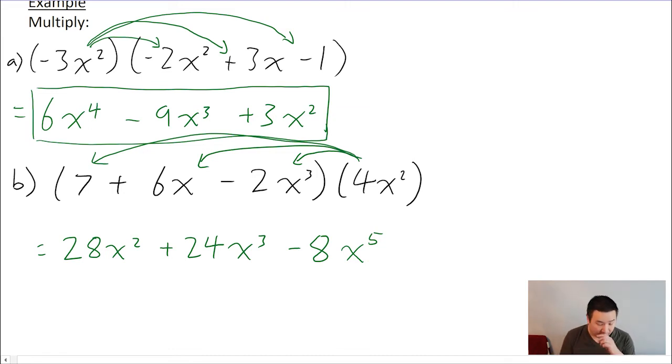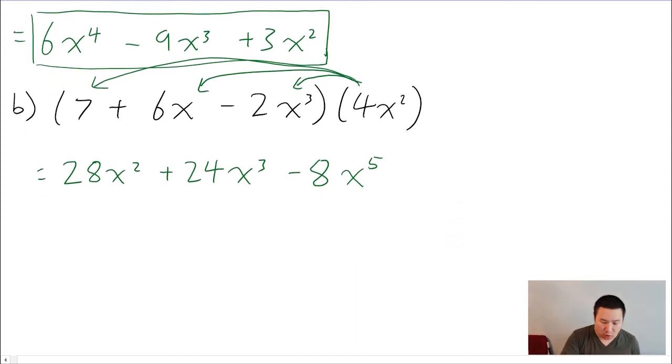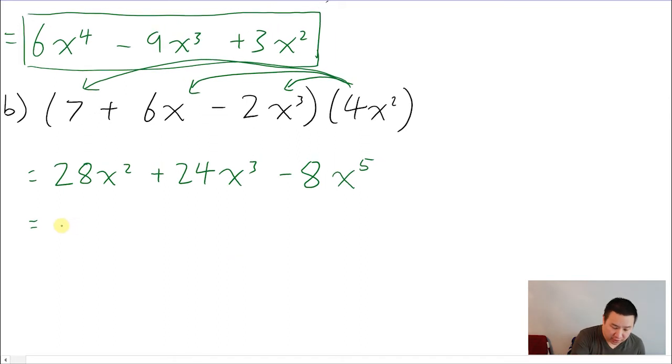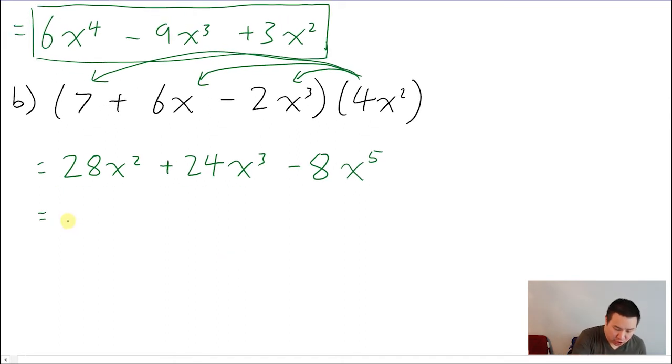And so now I have this polynomial, but we're not quite done there yet. Remember that when we're writing out these polynomials, we typically like to rearrange them to make sure that the highest degree term is on the left, and then it works its way down in degree. So I'm going to rearrange this. The highest degree term here is that x to the power of 5 term. So that negative 8 x to the power of 5 should be in front.